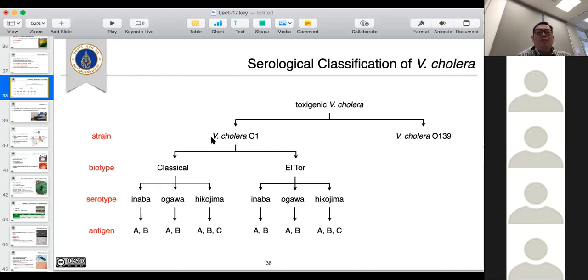Then we call it Vibrio cholerae O1 classical Inaba, or Vibrio cholerae O1 classical Ogawa. Each serotype has antigens A, B, except Hikojima which has A, B and C. El Tor has the same pattern. There are many typings of Vibrio, but just O1 and O139 are important.